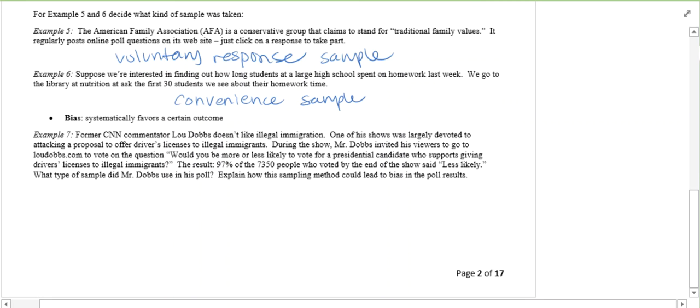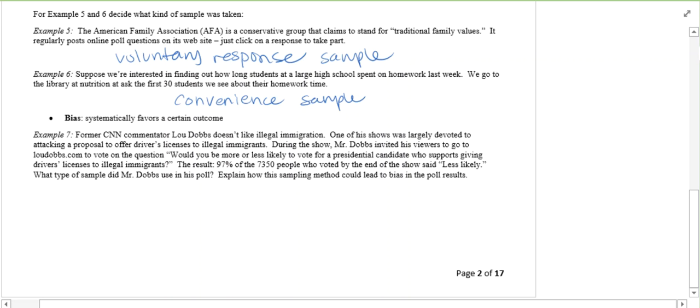All right, last example we're going to discuss. Example 7: former CNN commentator Lou Dobbs doesn't like illegal immigration. One of his shows was largely devoted to attacking a proposal to offer driver's licenses to illegal immigrants. During the show, Mr. Dobbs invited his viewers to go to loudobbs.com to vote on the question, would you be more or less likely to vote for a presidential candidate who supports giving driver's licenses to illegal immigrants?